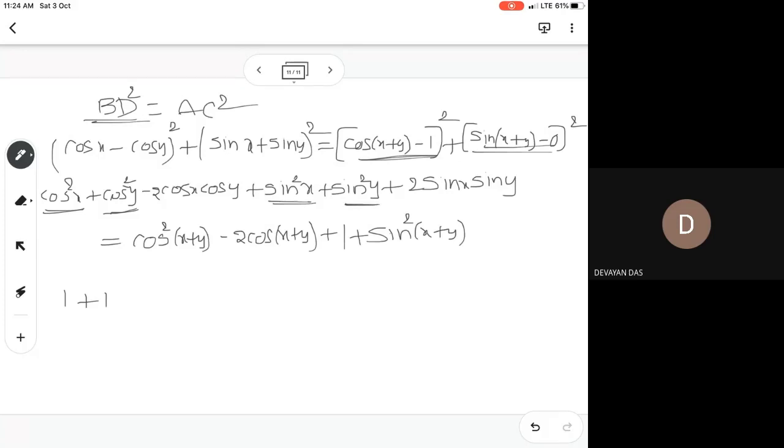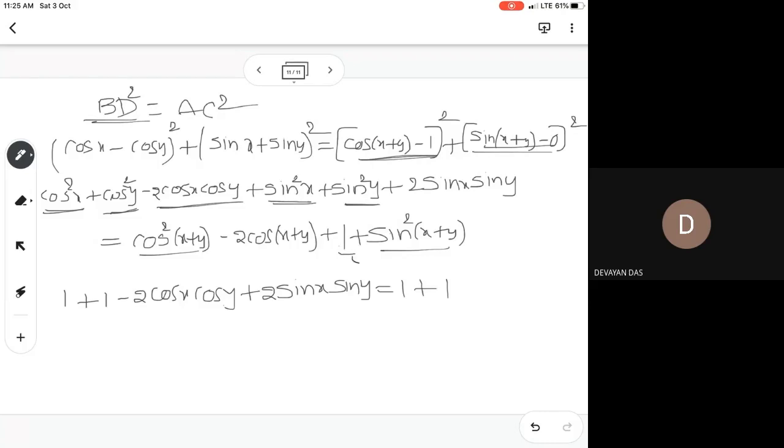So next, minus 2 cos x cos y, which I have written, plus 2 sin x sin y, which I have written, is equal to this one plus this one. What do you get? 1, right? Yes, 1, plus again one more 1 is there here.